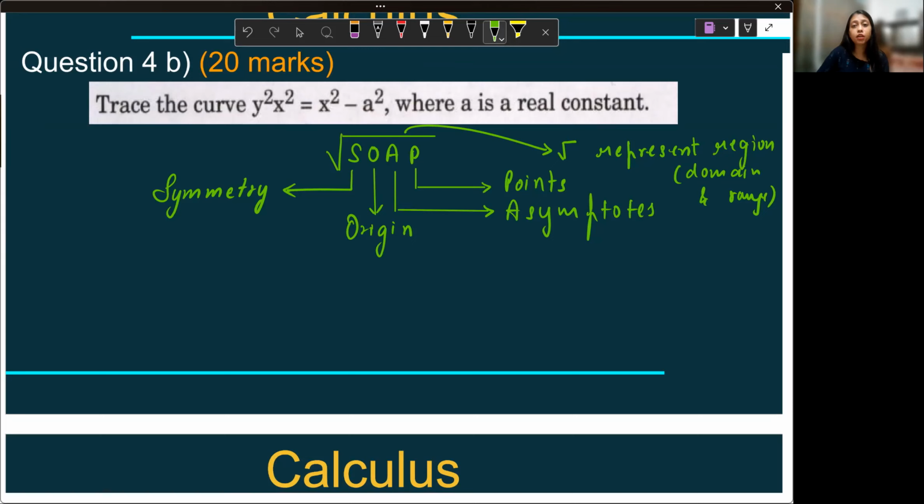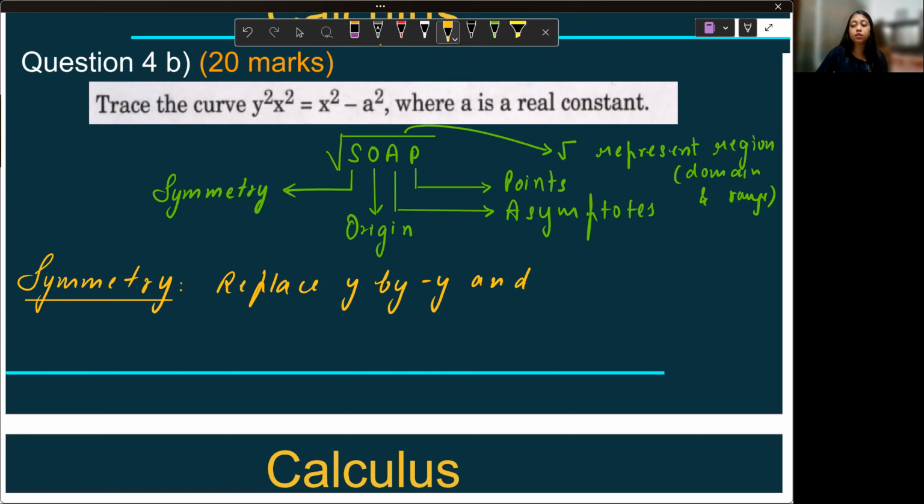Okay, so let's start. First, you have to start with symmetry. You can mark them as points in exams also, so that you don't forget and are not missing any point. Starting with symmetry. To find out the symmetry, we replace y by minus y and x by minus x.